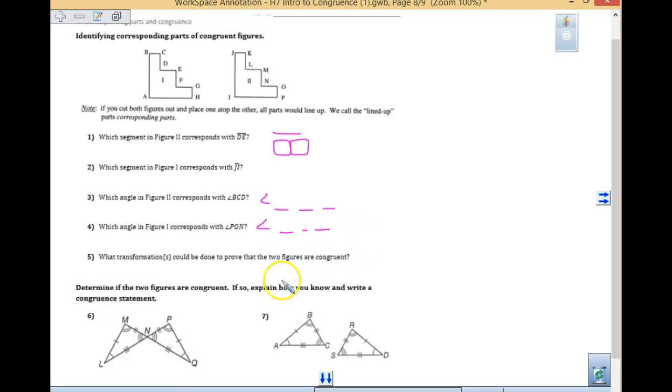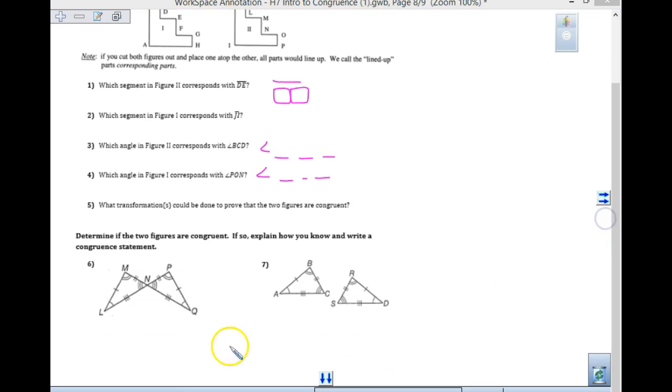It says, if the 2 triangles are congruent, explain how you know. Write the congruent statement. Now, if I am looking at these being congruent, you need to tell me which angles. So you need to tell me triangle to another triangle. Does it matter if everyone has the letters in a different order?